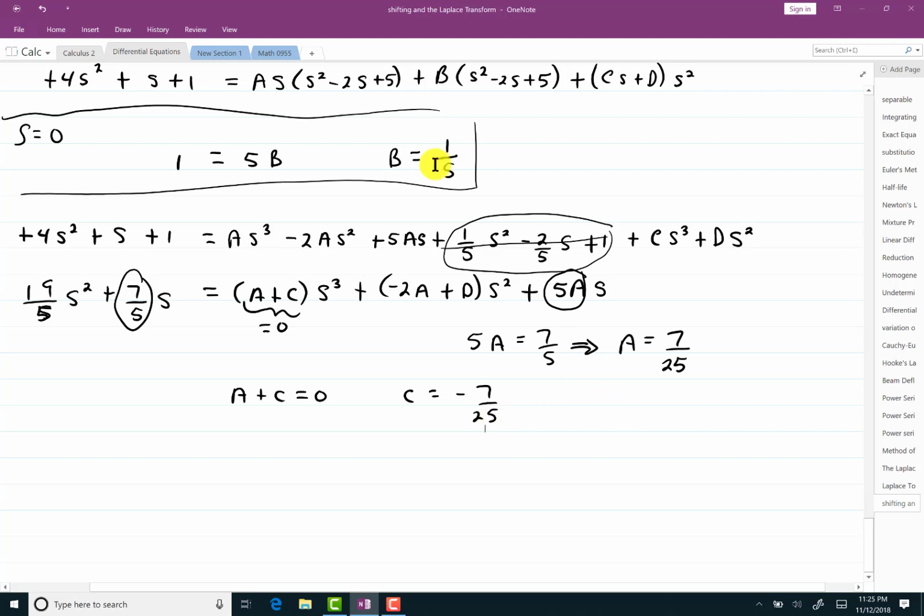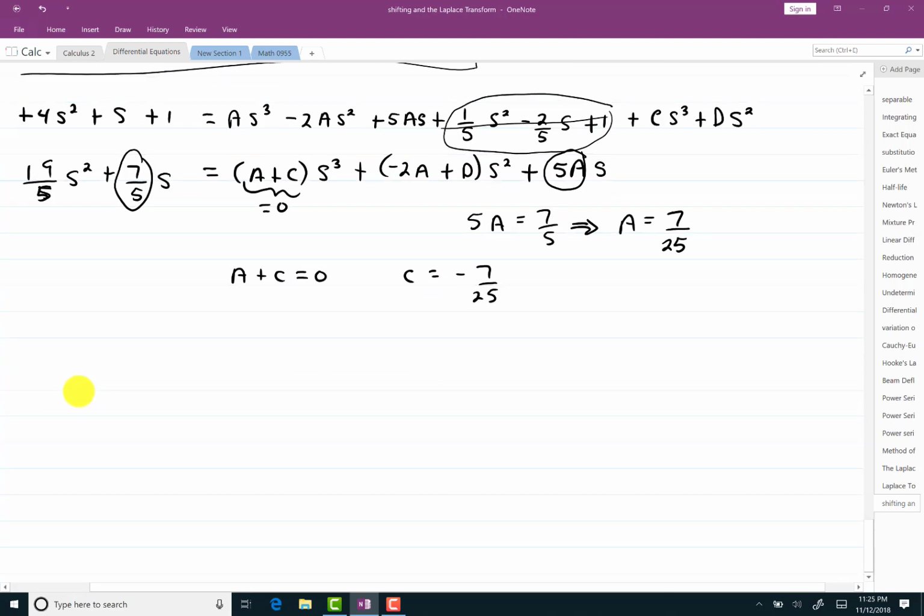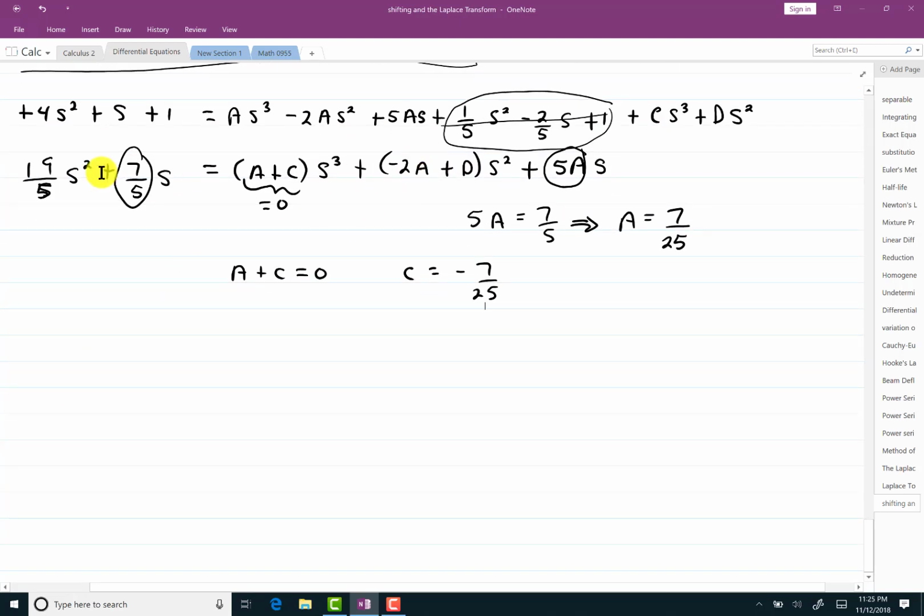So I have b, a, c, and now I'm just looking for d. Now the last equation that I have here, in front of s squared, I have negative 2a plus d, and that must equal 19/5. Now, the a I found to be 7 over 25.